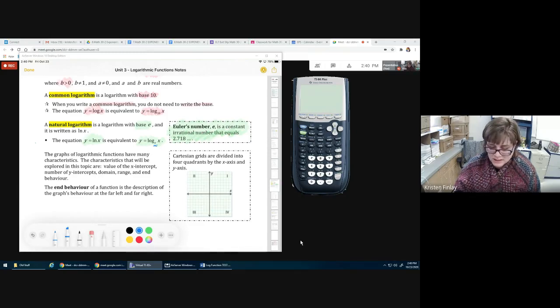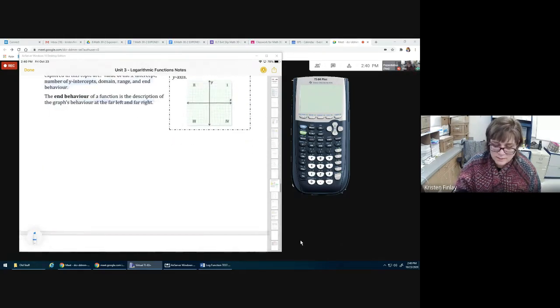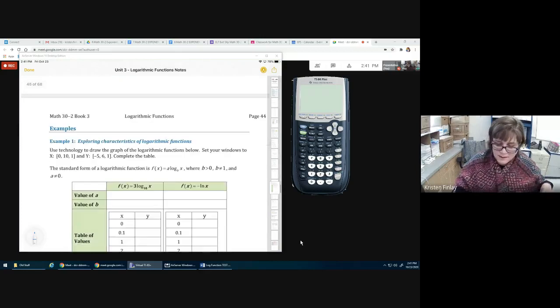We'll look at the value of the x-intercept, the number of y-intercepts, domain, range, and end behavior. End behavior is a description of the graph's behavior at the far left and far right. Generally we're talking about moving from left to right.